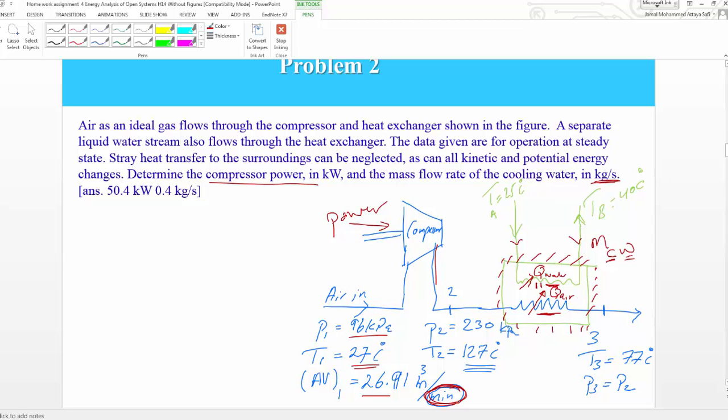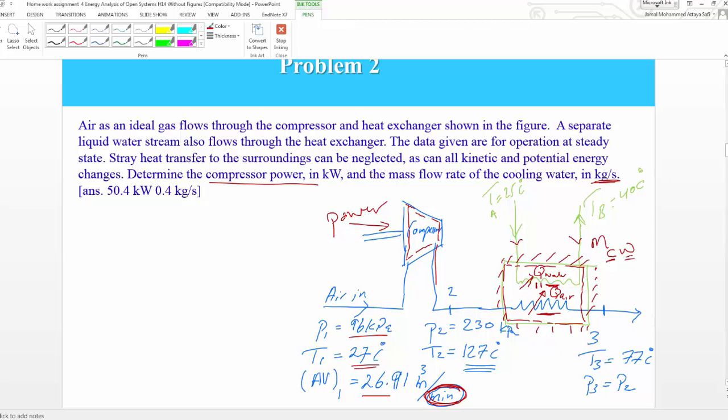The problem is not in a way difficult, but every time you have different devices, you need to take a control volume, I mean, you need to take one by one. In this case, I will start by taking a control volume of the compressor, because he asked me to find the power here, and I will then take a control volume around the two fluids, the heat exchanger.